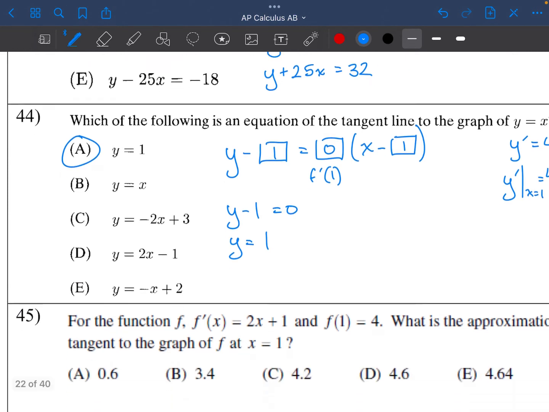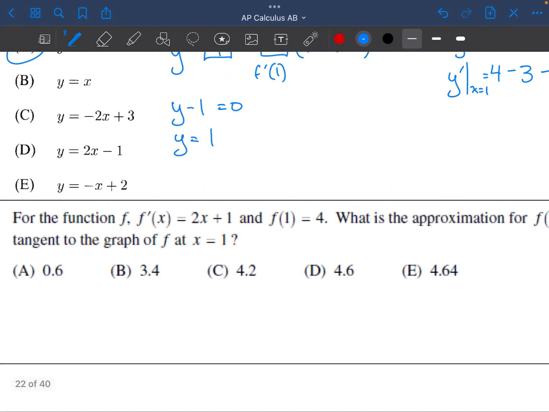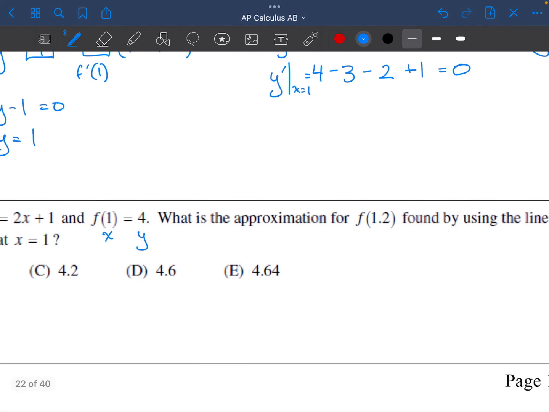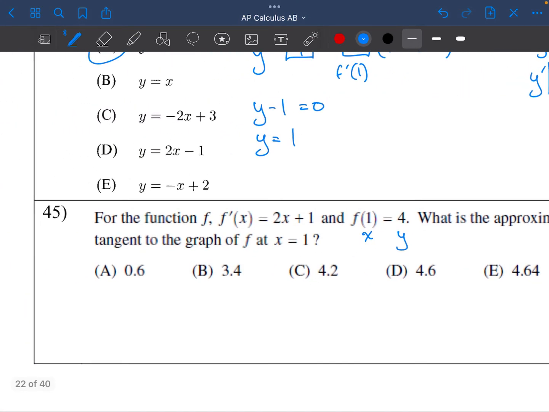Moving on to the next question, number 45. For this function, it already took the derivative for us, and it tells us our x value is 1 and our y value is 4, and we're trying to approximate 1.2 using the tangent line graph. So the equation of the tangent line, again, is going to be y minus box is equal to box, the slope, times x minus box.